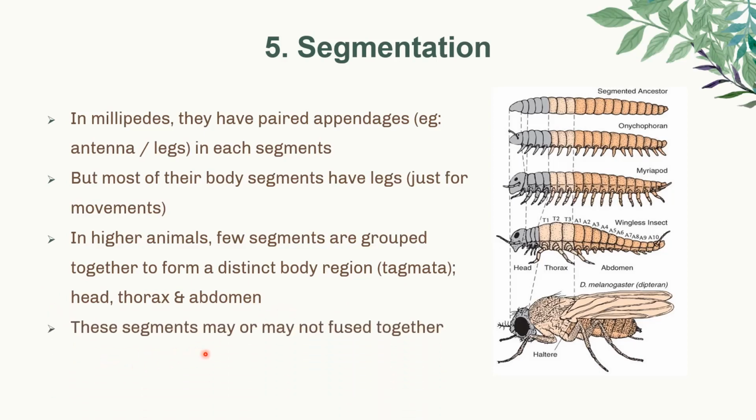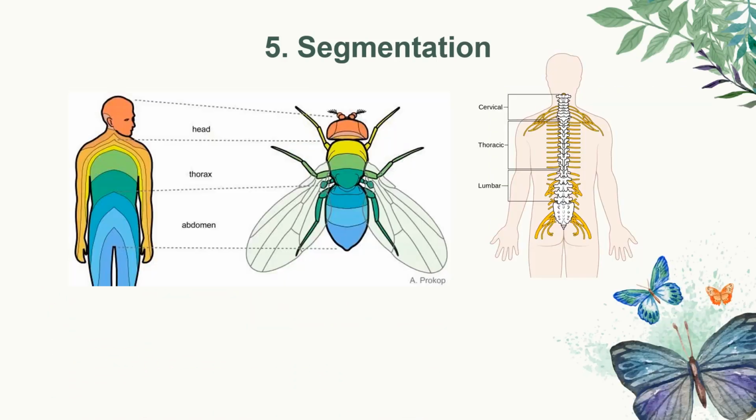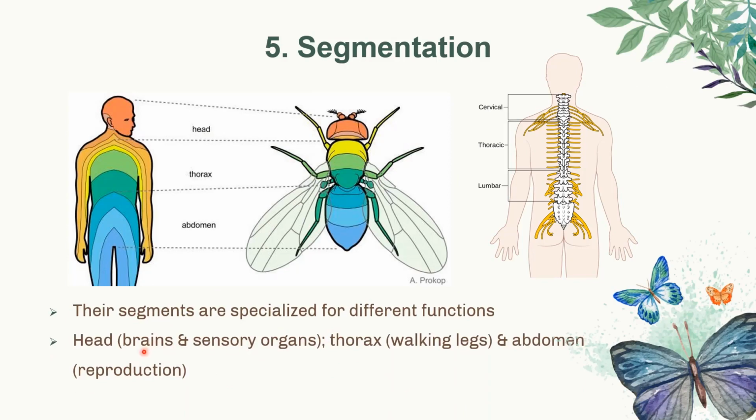These segments may or may not fuse together. Here, the segments are specialized for different functions. The head is used for the brain and accessory organs, the thorax for walking and legs, and the abdomen for reproduction. The tagmata can be seen only in phylum Arthropoda and Chordata.